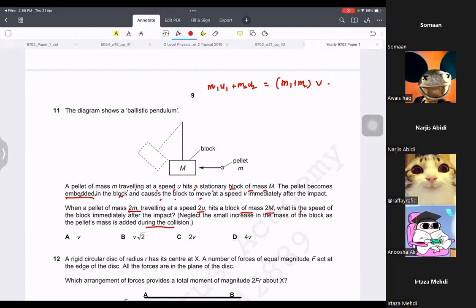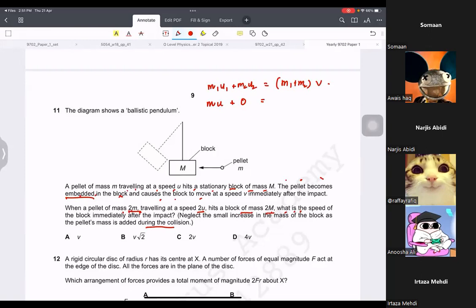So initially the pellet has mass m and velocity u, and the other one is stationary. The pellet becomes embedded. In the next case, a pellet of mass 2m travelling at 2u hits the block. Wait a second, what is this? The pellet becomes embedded and causes the block to move with speed v.